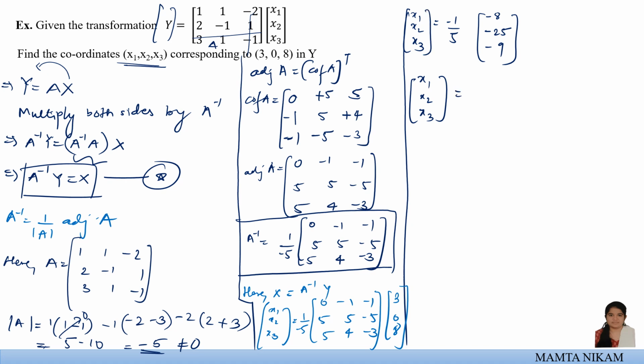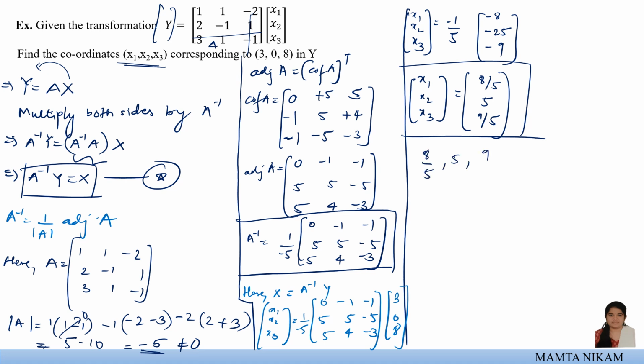Multiplying by minus 1 upon 5, this will be 8 by 5, 5, 9 by 5. So this is the corresponding vector x1 x2 x3. You can also write 8 by 5 comma 5 comma 9 by 5 as the corresponding vector in x1 x2 x3. Okay, so this is about linear transformation.